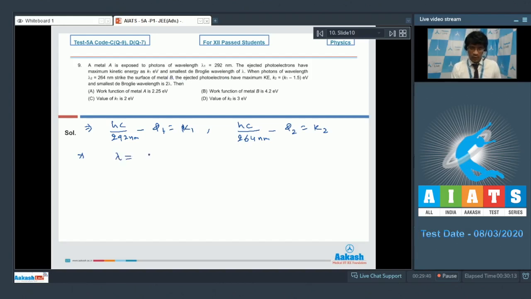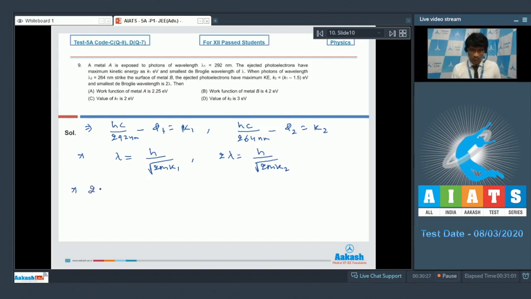That means lambda is equal to h divided by root under 2 mk1 for metal A, and 2 lambda is equal to h divided by root under 2 mk2 for metal B. So let's do this calculation.